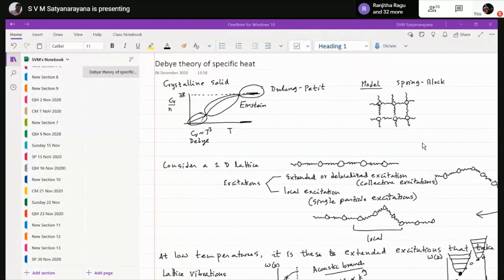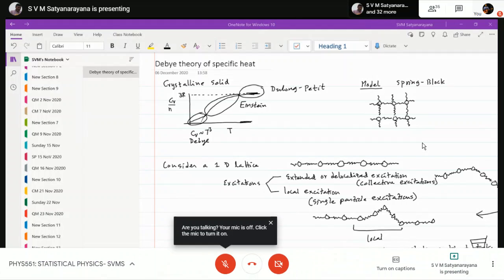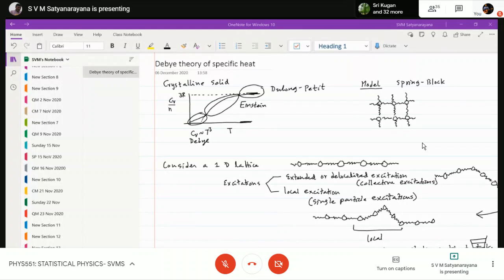Then we will talk about the Pauli theory of paramagnetism, where the Fermi-Dirac statistics is applied to get some low temperature behavior of the susceptibility. And then we talk about Landau theory of diamagnetism, which is important again to understand the low temperature behavior of susceptibility.